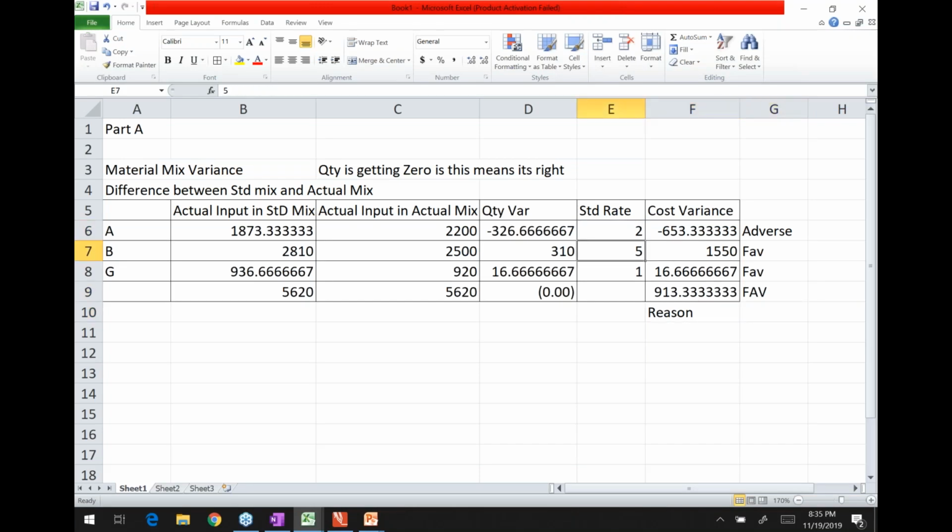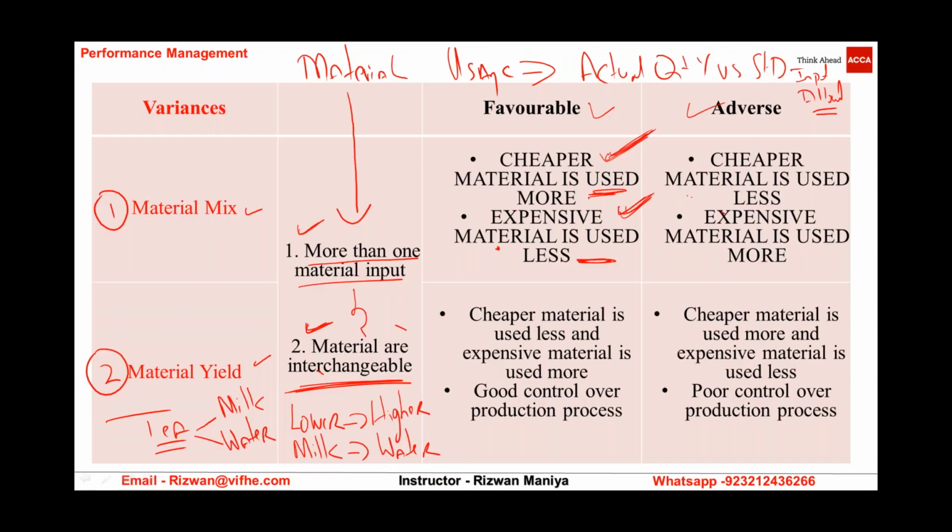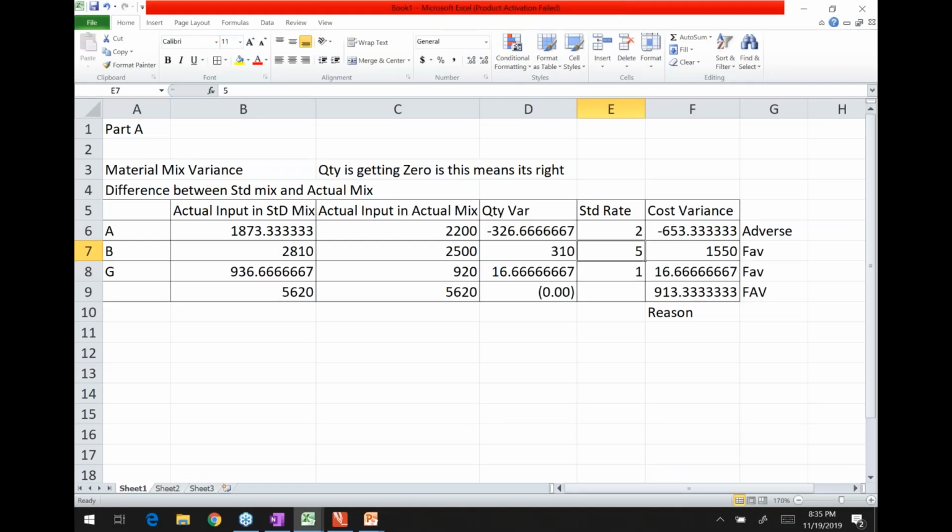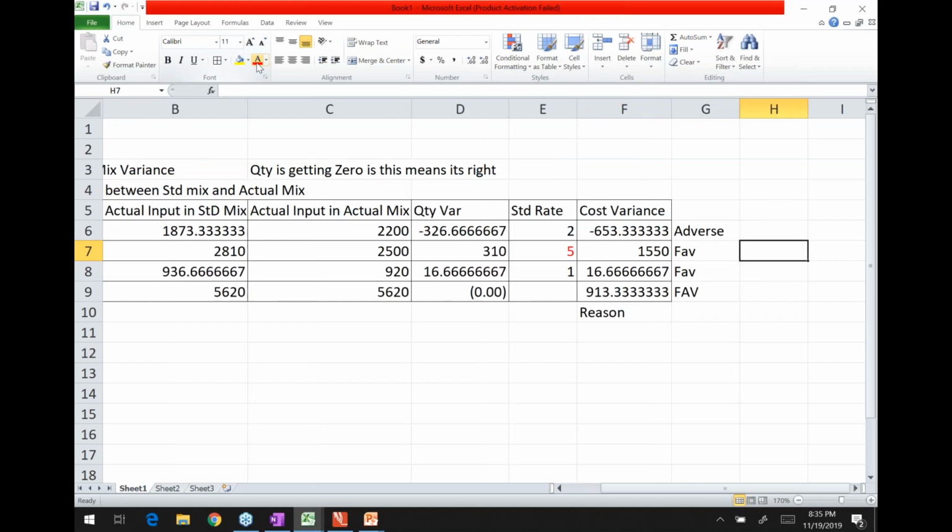Out of the three, which is the most expensive material? Is this the most expensive? Yes, I'll write here most expensive.